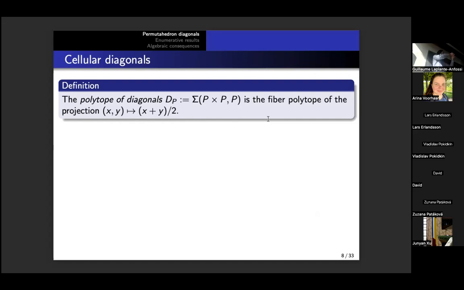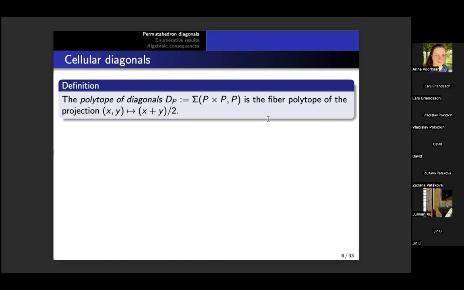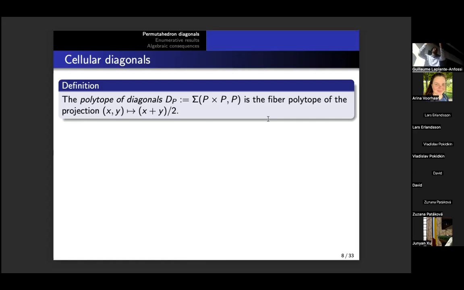So you do the Minkowski sum, Minkowski integral of all the pre-images of the fibers in the projection. And in this case, the one we're interested in here, it is associated to the projection that is really simple. You have P times P, and then you take 2 points, and then you take the middle point between them.